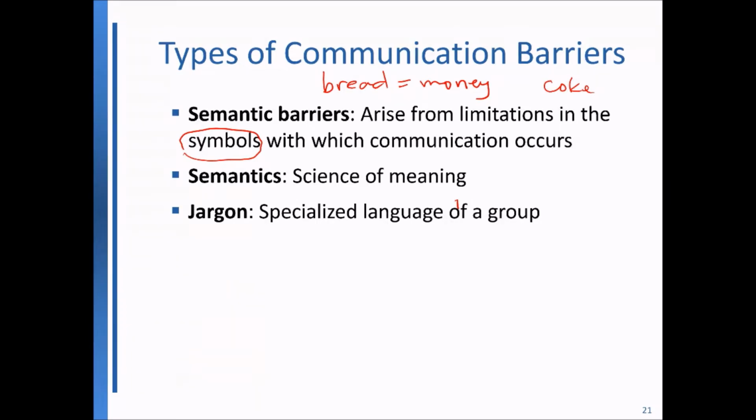Like for example, Coke. What is Coke? It is a soft drink, right? It is a cola. But actually, in some groups in America, Coke means cocaine, drugs. So when these people talk to each other, even if somebody is listening, they cannot understand what they're saying.